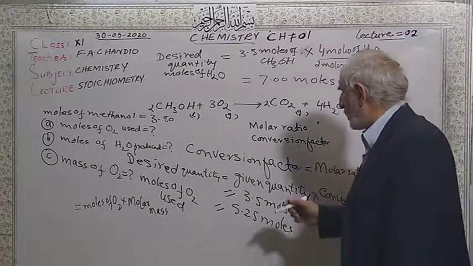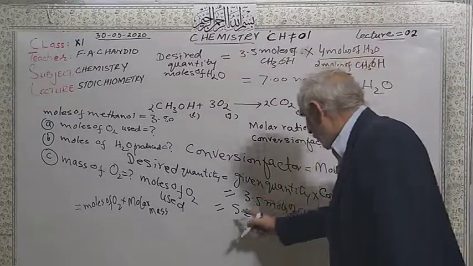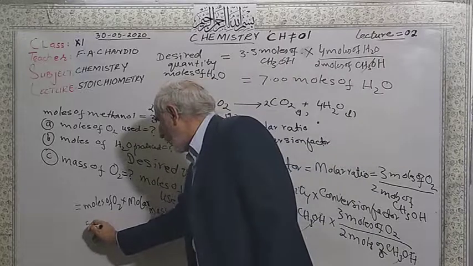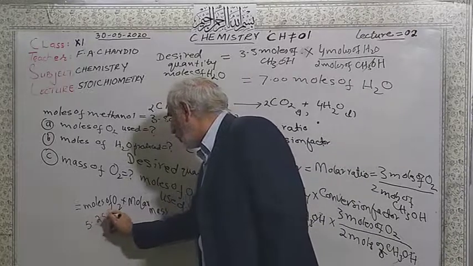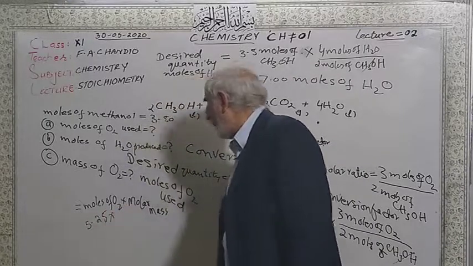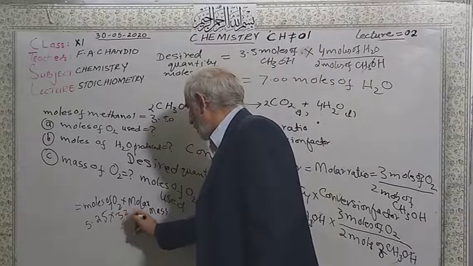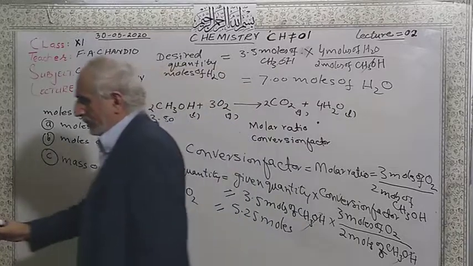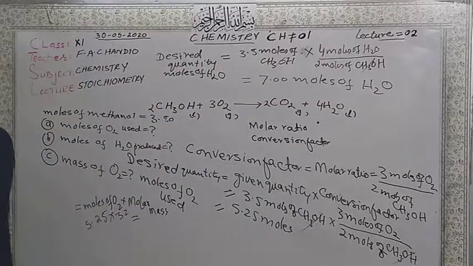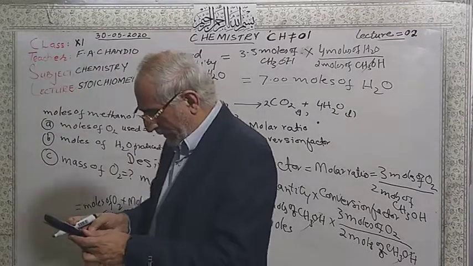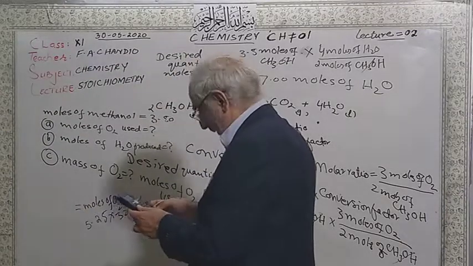So moles of oxygen, you just calculated 5.25. So right here, 5.25 multiplied by the molar mass of oxygen, which is 32. So just multiply 5.25 by 32.